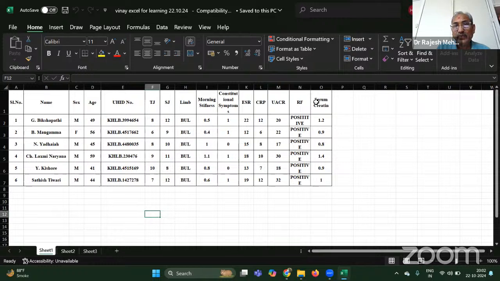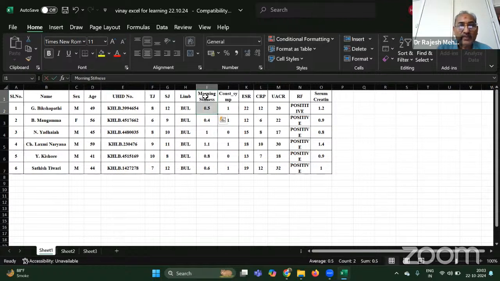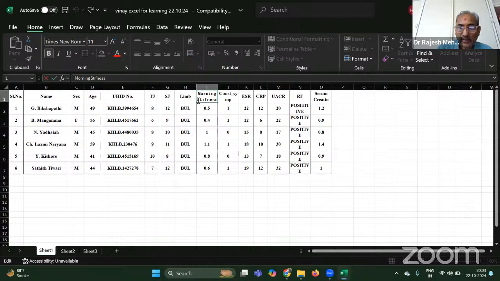Ideally, for headings like constitutional symptoms, rather than whole different words, the short form will help us. Morning stiffness, for example. You keep it like this: Morning stiff.